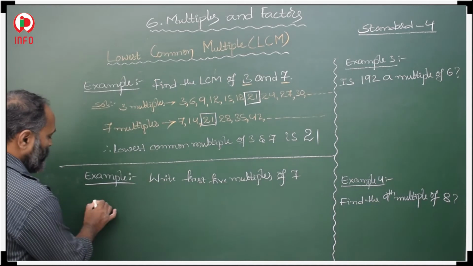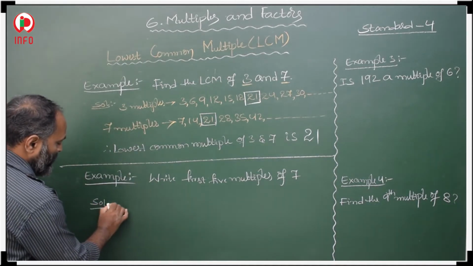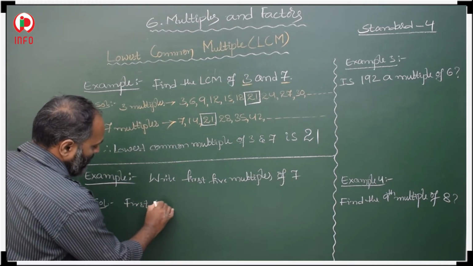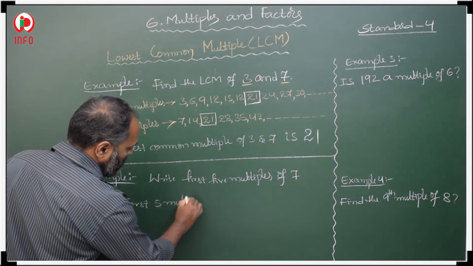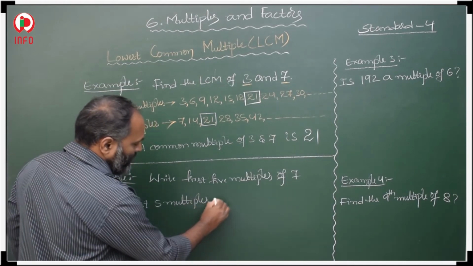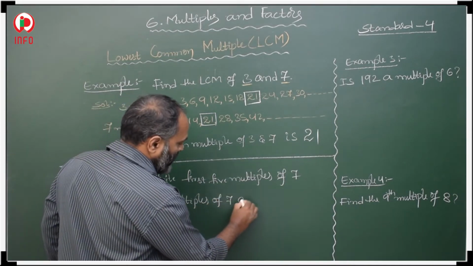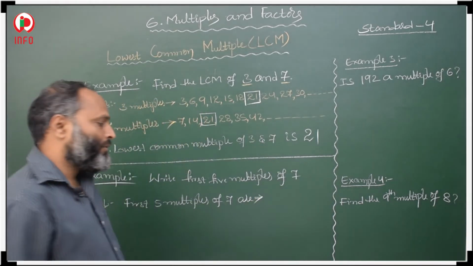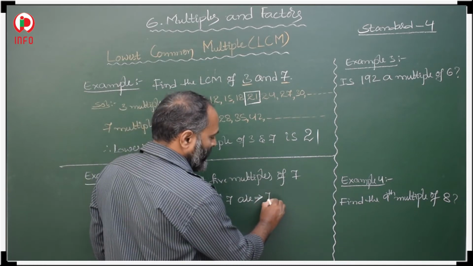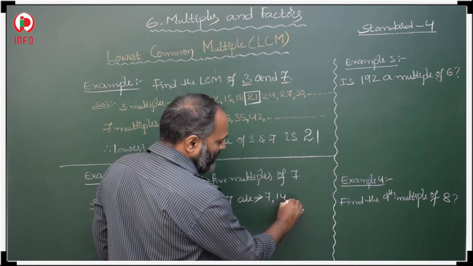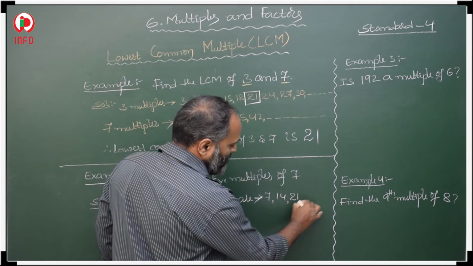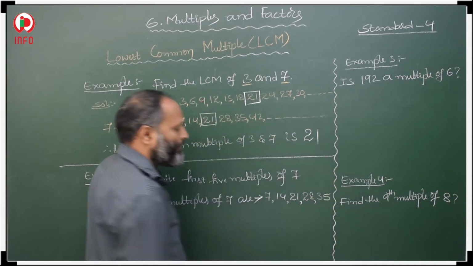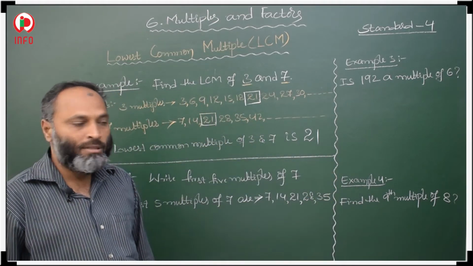Solution: the first 5 multiples of 7 are, we have to write the first 5 multiples. 7 ones are 7, 7 twos are 14, 7 threes are 21, 7 fours are 28, 7 fives are 35. These are the first 5 multiples of 7.